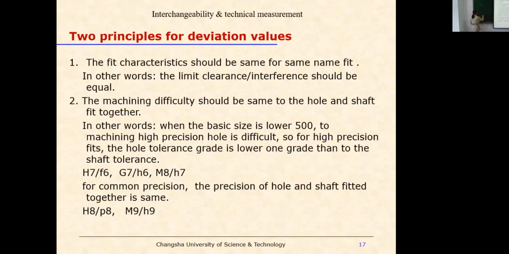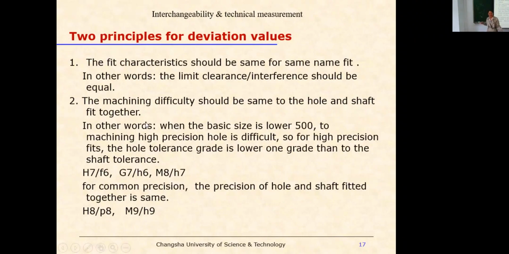This is not meaningful, because the tolerance is very large and the pressure is small. So the manufacturing difficulty should be the same for the hole and the shaft.